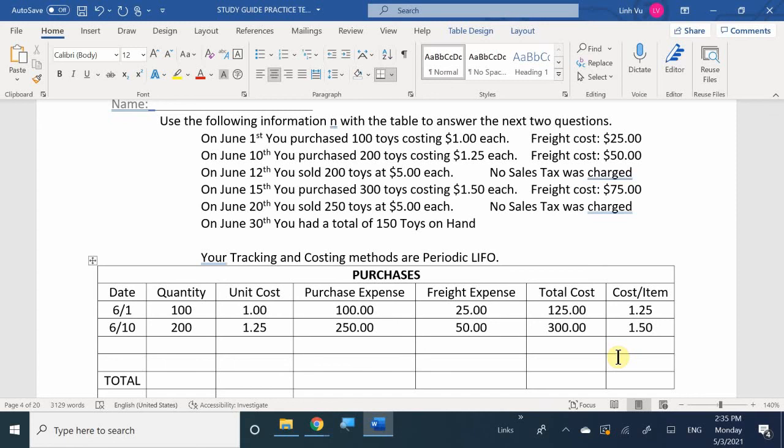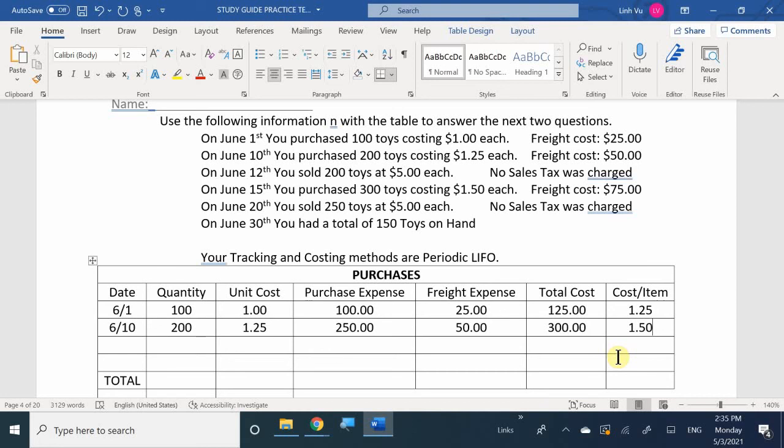We're looking at periodic inventory, so we don't care about anything that we sell, because at the end of the period someone has to take a physical count and let us know how much we have. Our assumption is that whatever we don't have is what we sold. So we don't need to care for the transaction on June 12th.